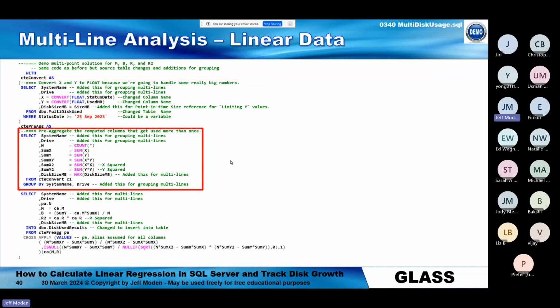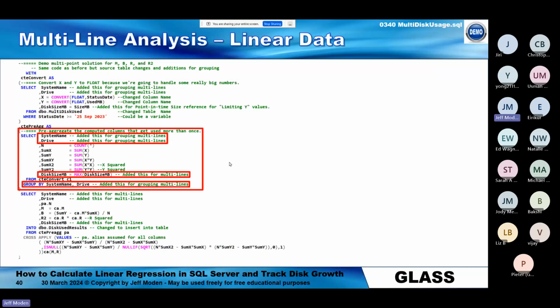The same holds true here. Same as the 5-point analysis, except we need to have columns to group by for our system name and our drive. And this disk size just comes along for the ride. Other than that, it's identical to the little 5-point example that we have.